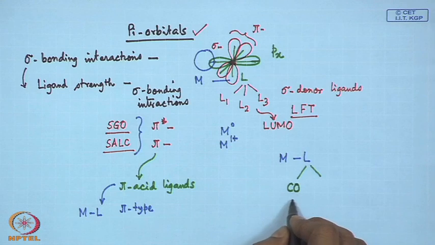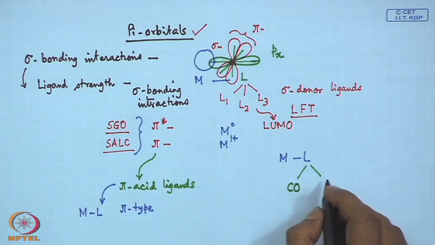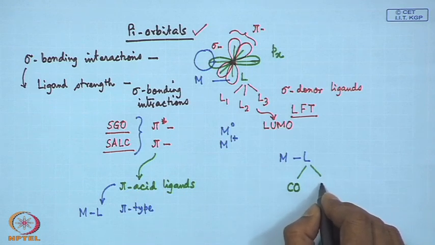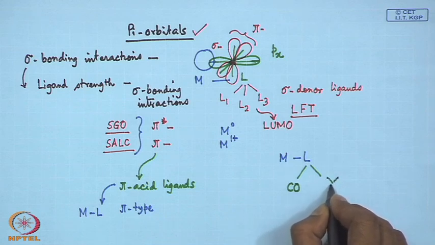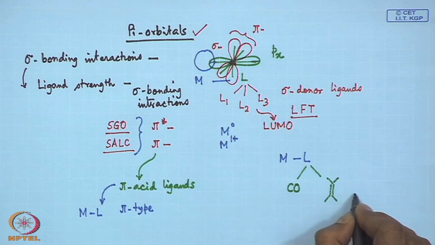So, it is not only the sigma interaction that can give rise to such enormous strength for this carbon monoxide molecule.